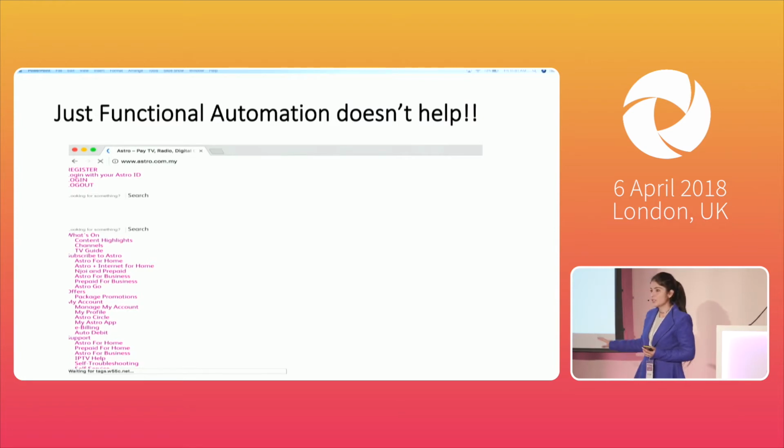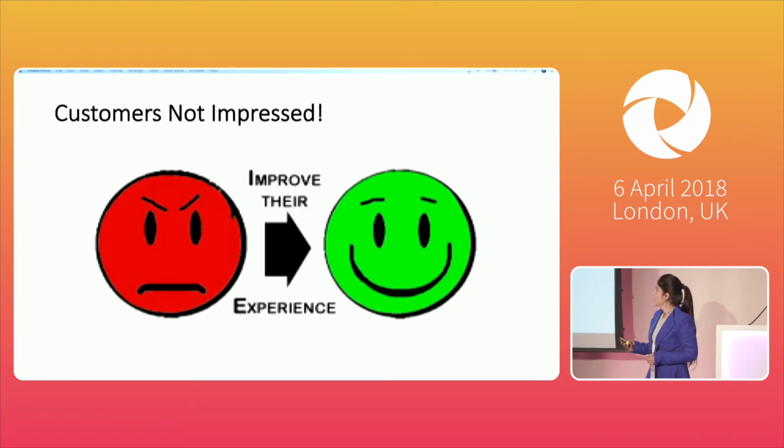Even with the functional automation scripts available, I can't detect that my UI is broken. Functionally, all the links will work, but the problem is that the UI is broken here, which my functional test scripts can't really detect. Everything will pass, but the website still has a broken UI. Hence, customers are not impressed, and we need to improve their experience.